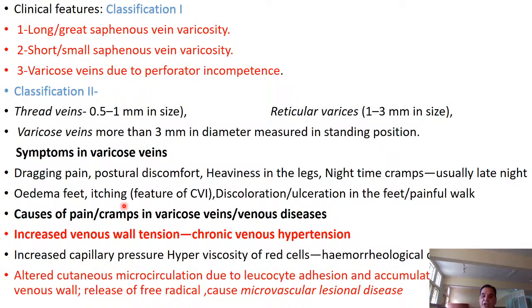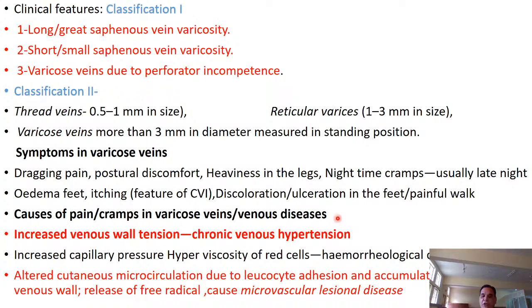Edema, itching, discoloration and ulceration. These are all symptoms of varicose veins occurring at different levels. The cause of cramp in varicose veins is mainly the increased venous wall tension, and this condition is now getting importance, called chronic venous hypertension.